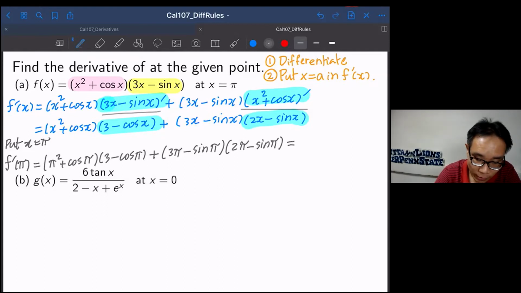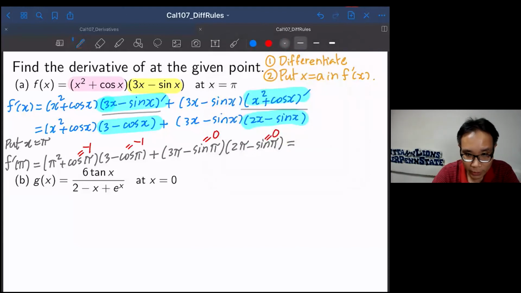And you have cos pi equal to negative 1 and sine pi equal to 0.